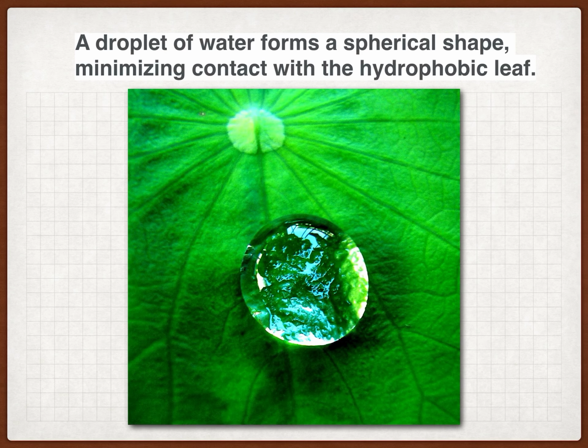Another example is a droplet of water that forms a spherical shape, minimizing contact with the hydrophobic leaf, because the water is hydrophilic, of course, and the leaf of the plant is hydrophobic, so it will not spread, it will not wet the surface of the leaf.